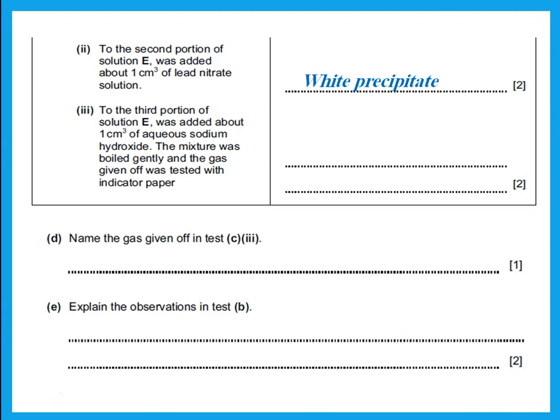Now, to the third portion of solution was added sodium hydroxide. The mixture was boiled gently. Remember, this is the test for ammonium. We have ammonium, so when he adds sodium hydroxide and he heats and the gas given off is tested, we get bubbles of gas that turn damp red litmus to blue.